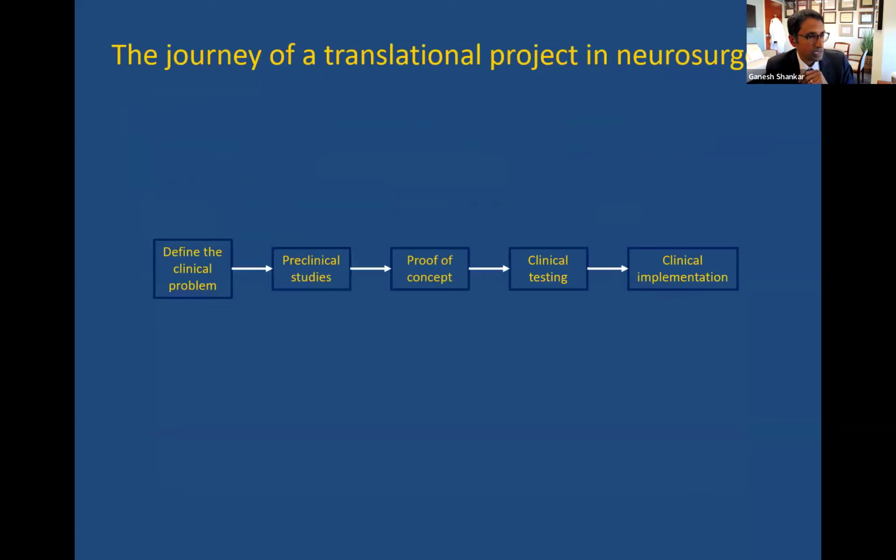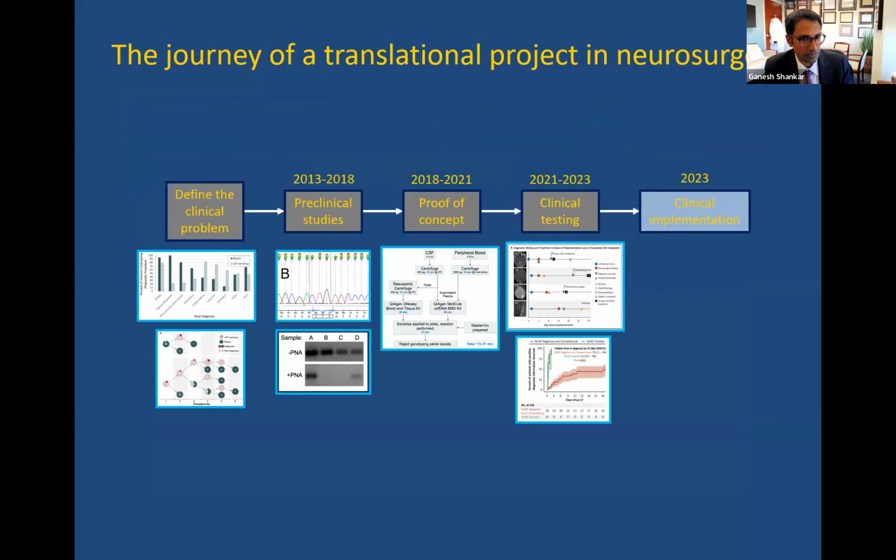So as with any translational project in medicine, these are long journeys. They start with defining the clinical problem, to the preclinical studies, the proof of concept, clinical testing, followed with clinical implementation.